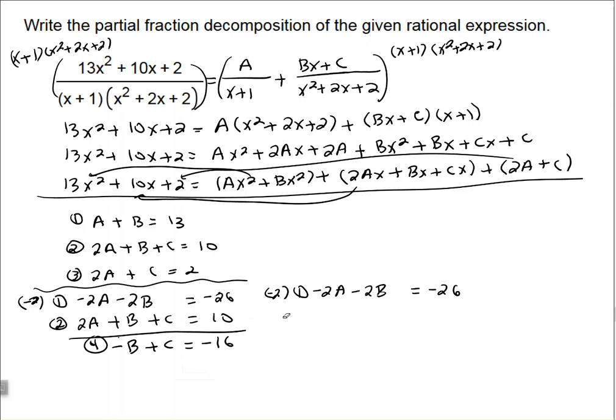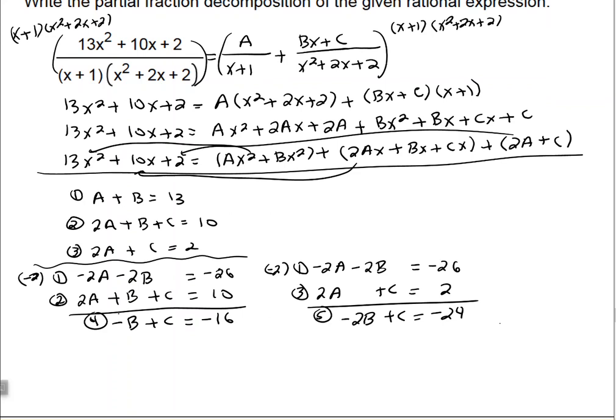And then equation 3 is 2a plus c equals 2. So we end up with negative 2b plus c equals negative 24 for our new equation. We'll call it number 5.